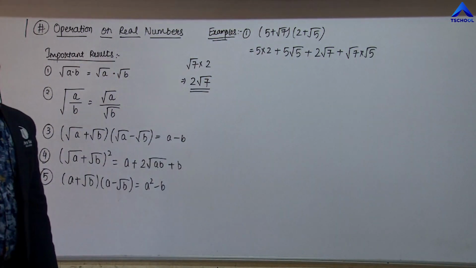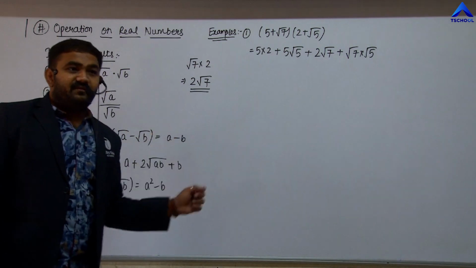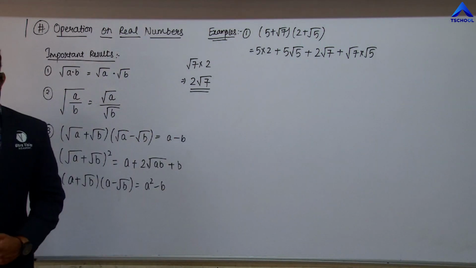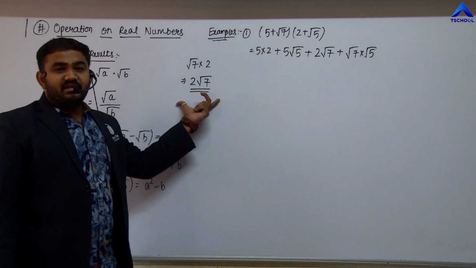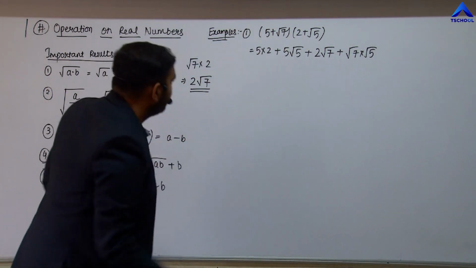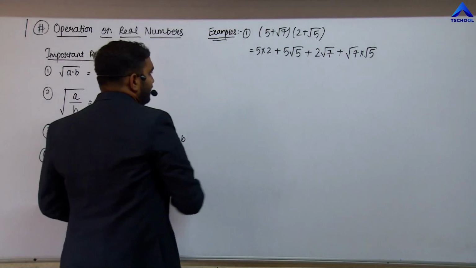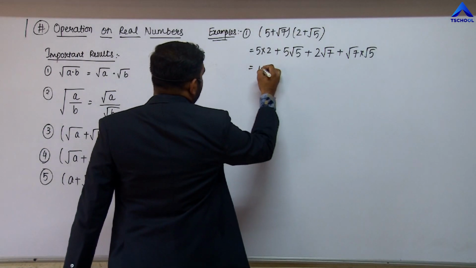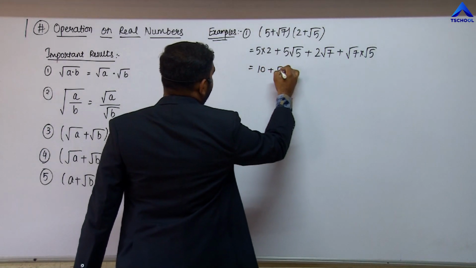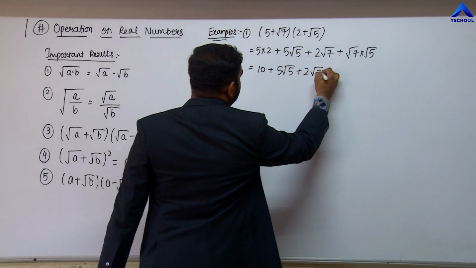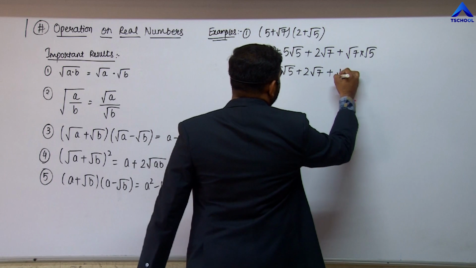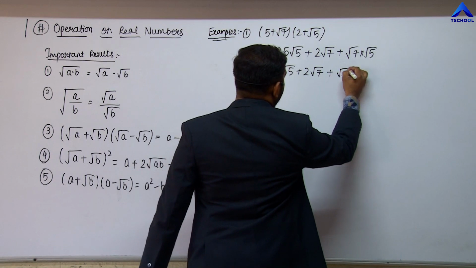You will always write the integer before the irrational number. Note that friends, you will always write the integer before the irrational number. So continuing with the sum here, that is 5 into 2, 10, plus 5 root 5 plus 2 root 7 plus root 35.